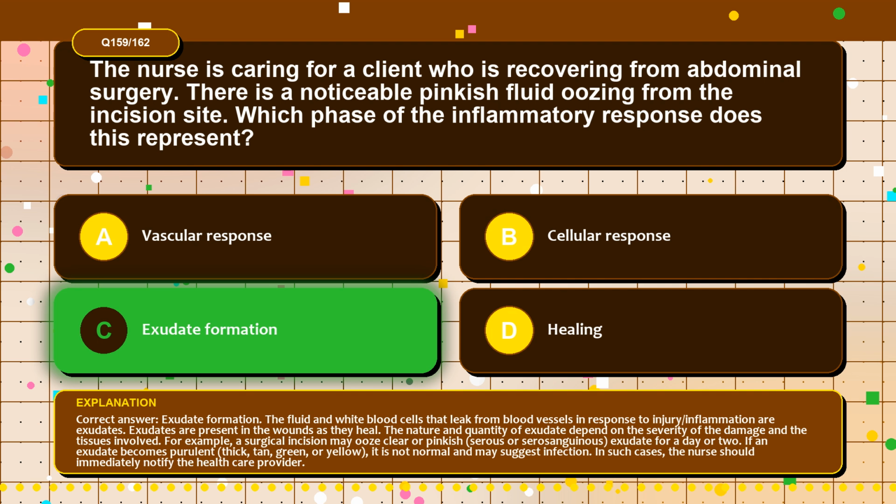The nature and quantity of exudate depend on the severity of the damage and the tissues involved. For example, a surgical incision may ooze clear or pinkish serous or serosanguinous exudate for a day or two. If an exudate becomes purulent, thick, tan, green, or yellow, it is not normal and may suggest infection. In such cases, the nurse should immediately notify the healthcare provider.